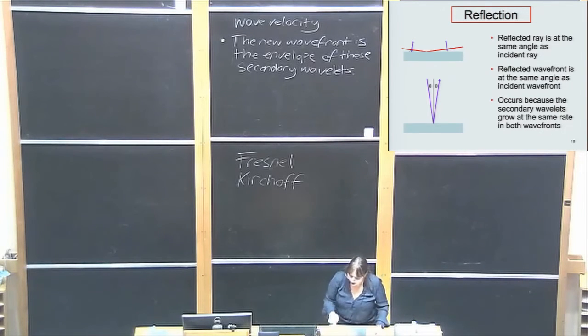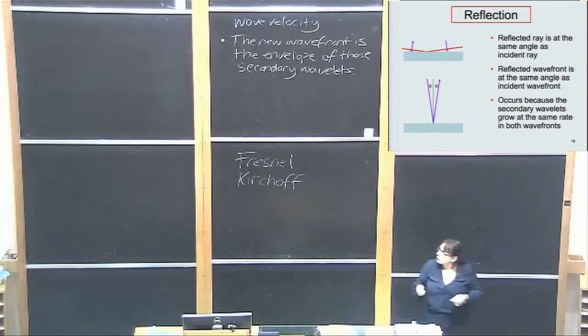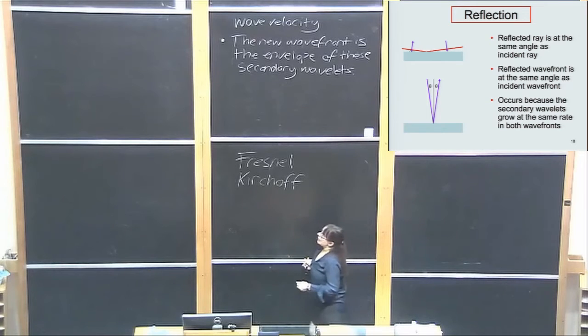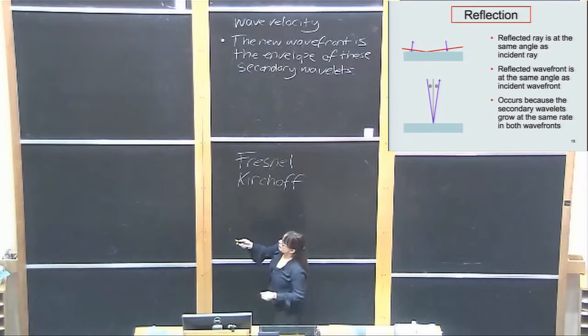So the incoming wavefront is at the same angle as the outgoing wavefront. Therefore, the incoming ray is at the same angle as the outgoing ray. And this all occurs precisely because the secondary wavelets grow at the same rate in both wavefronts, because they're both in air.